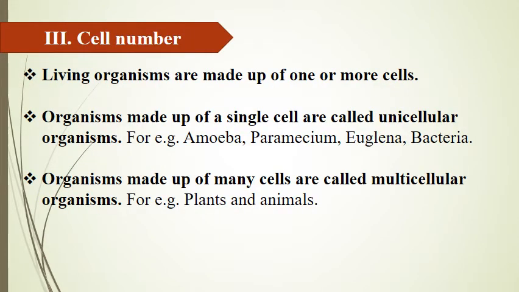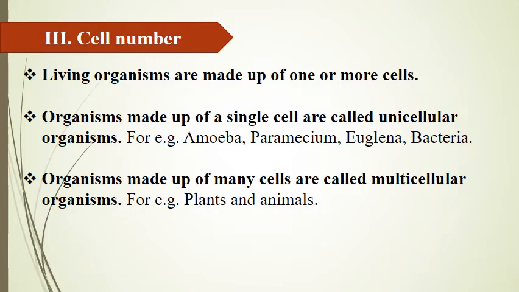Move to next. Cell number. Living organisms are made up of one or more cells. Organisms made up of a single cell are called unicellular, and we cannot see them with the naked eye. We need a microscope, a compound microscope, to see them.